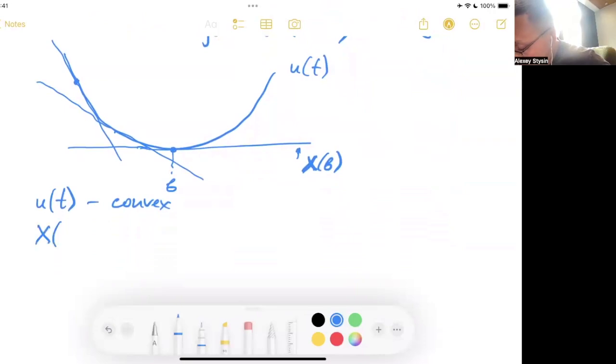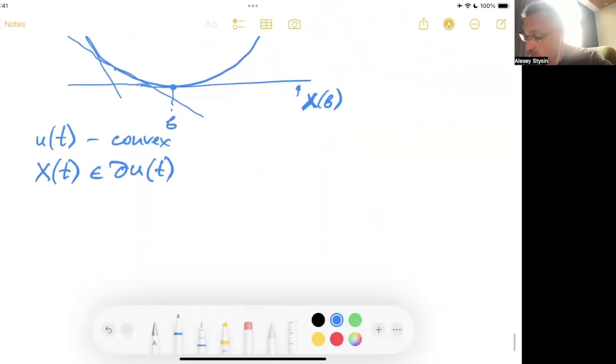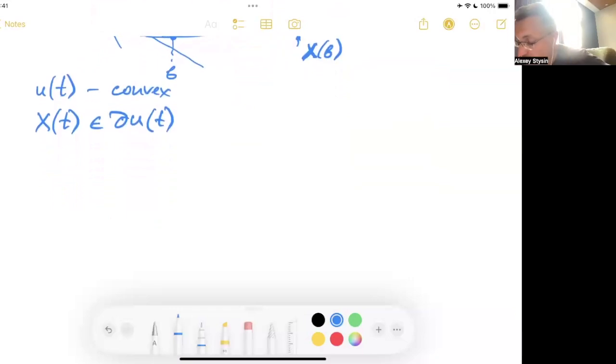So x of t belongs to a subgradient of u of t. Well, this specific notation, belongs to a subgradient, is there because for convex but not differentiable functions, it could be that there are corner points, and in the corner points there could be many possible supporting planes.